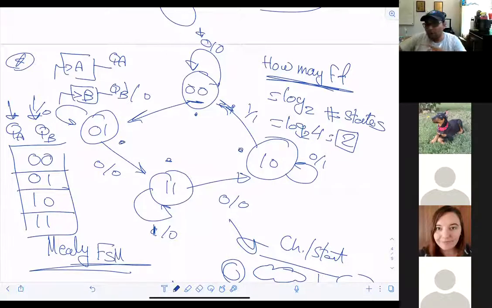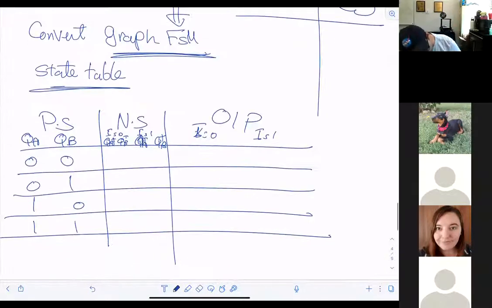Oh, but the input is 1. I'm going back to myself when I see this 0. So that means my present is 0, 0, and my next is 0, 0 if my input equals 0. Perfect. Make sense?